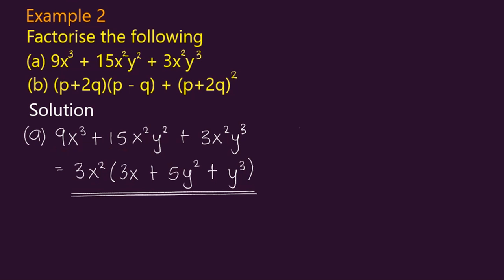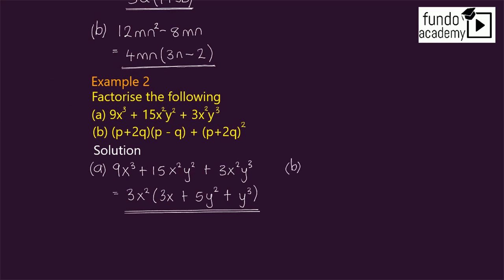On part B we have p plus 2q bracket p minus q plus p plus 2q bracket squared. Right, so if you look at this algebraic expression, though it looks a bit big, it's not. You see here that we've got two terms. We've got this one here and this one here, and the highest common factor, as I am seeing, is p plus 2q, because p plus 2q is common.